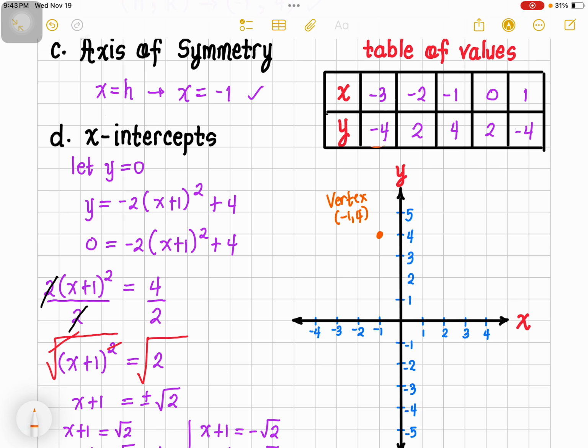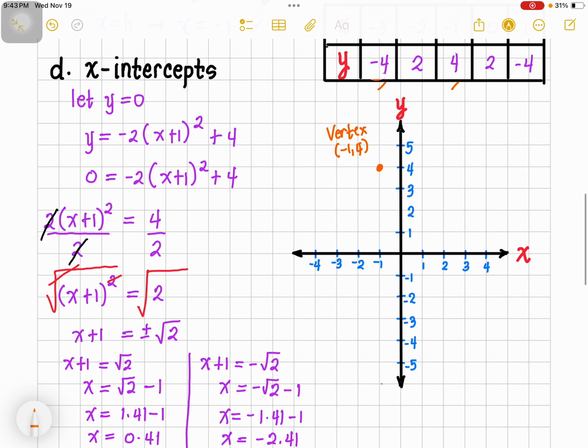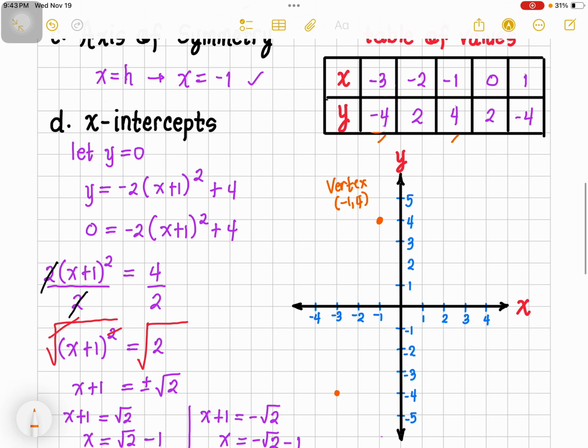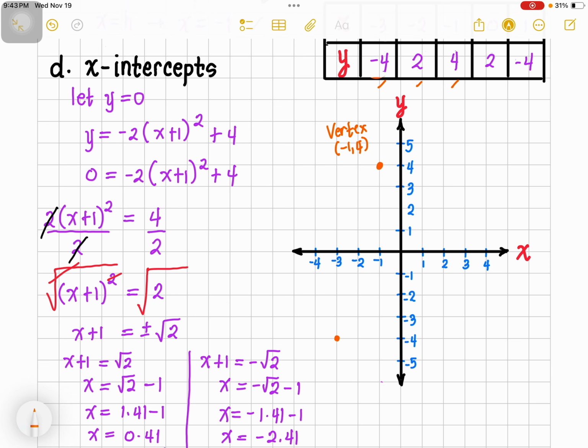No? Okay. So now, i-plot natin si negative 3, negative 4. So, ito yun. So, your x is negative 3, your y is negative 4. I hope na wala na kayong struggle kapag nagpa-plot ng mga points. And, we have negative 2, positive 2. Your x is negative 2, your y is positive 2.